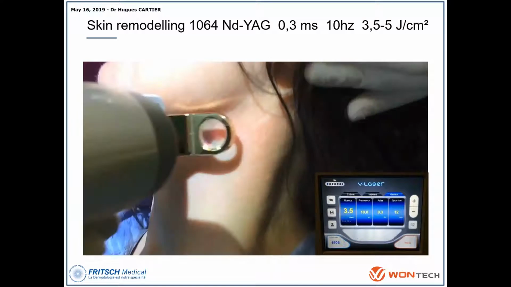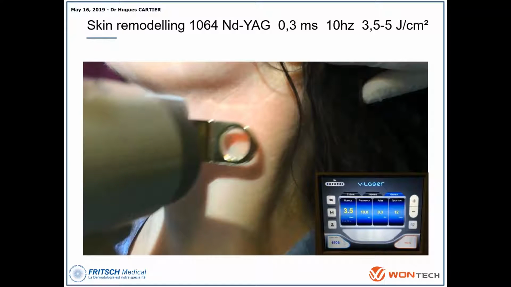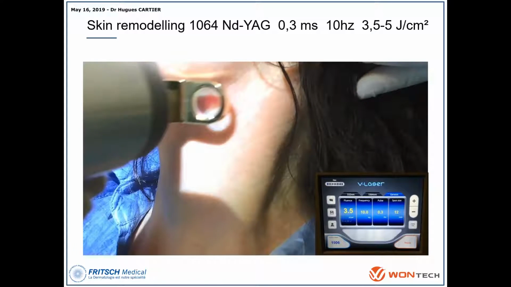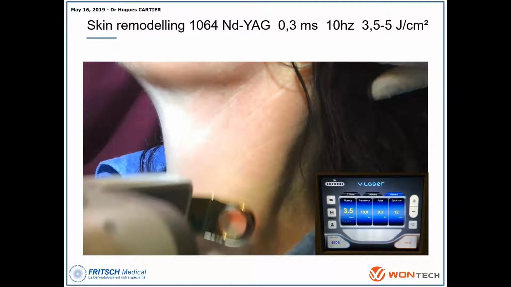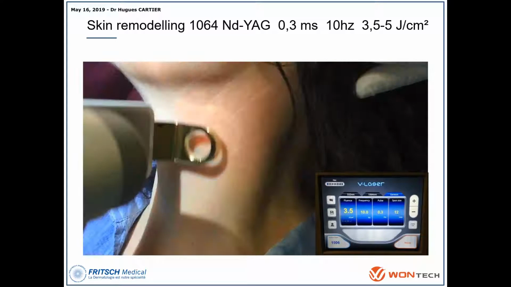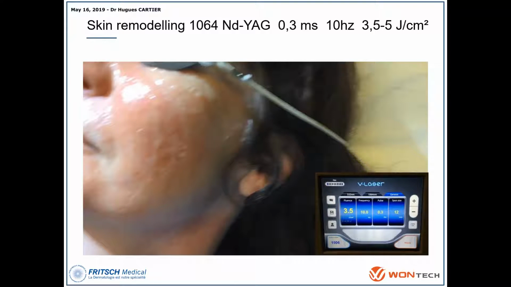It's very important, but easy to do. You can reduce some wrinkles with skin tightening and skin remodeling, and you get firmness of the skin after many sessions. You maybe need 5 to 10 sessions, and you have to explain that to the patient. It takes more time, but it's not very dangerous if you have a good setting.